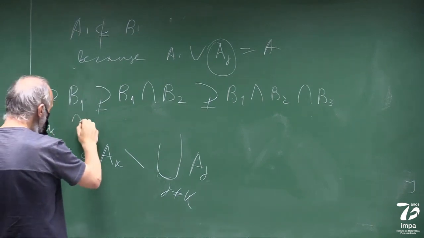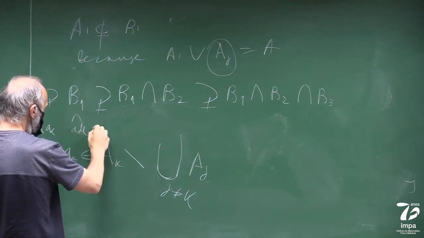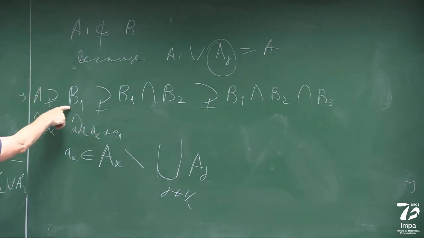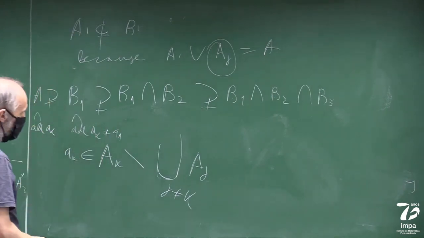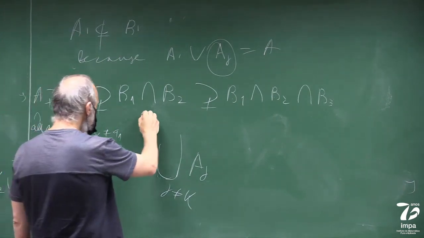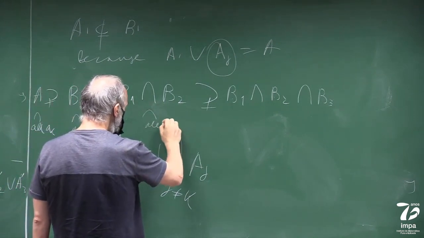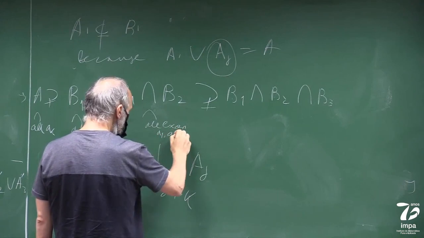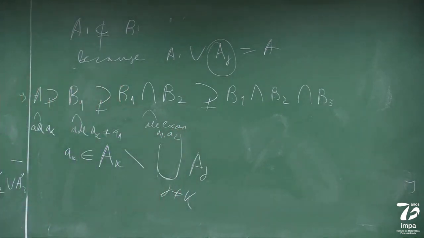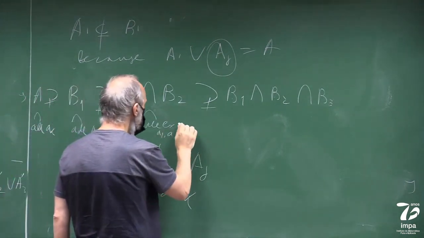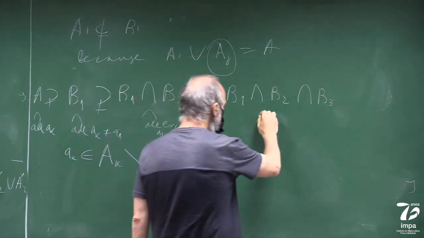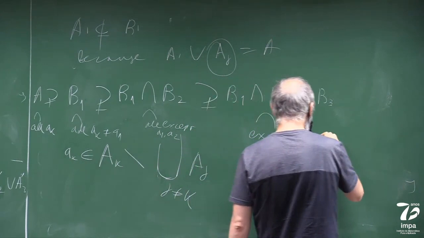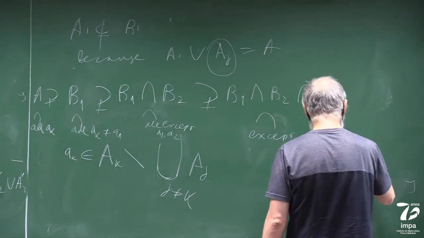This contains all Ak not equal to A1, except A1, because A1 is removed from B1. This contains all except A1, A2. This contains all except A1, A2, A3, and so on.